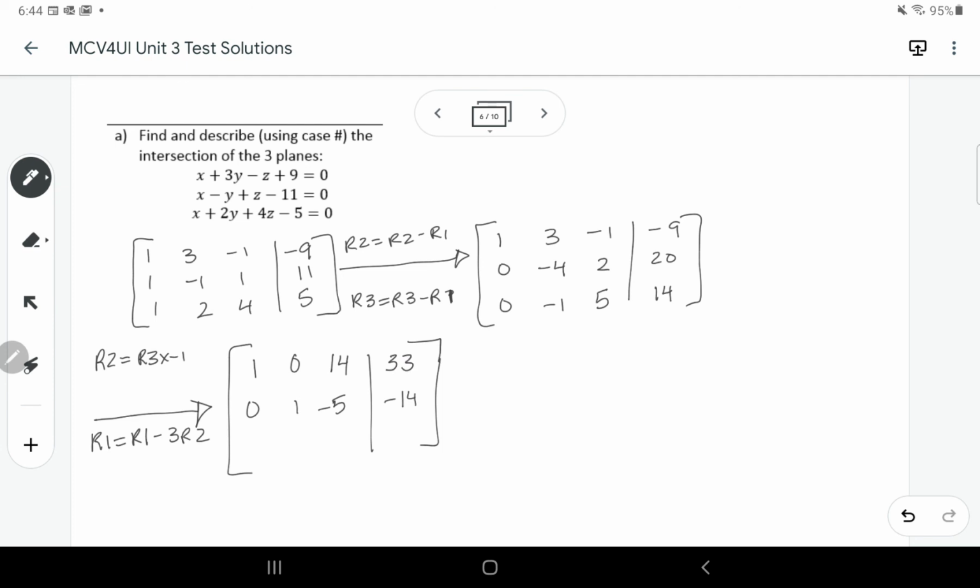And now I want to clear out the bottom. So row 3 equals the old row 2 plus, and I kind of in my solutions did this, plus 4 times row 2 new, just to make sure it's super clear there. So here I'm taking 0 plus 4 times 0, of course, is 0.